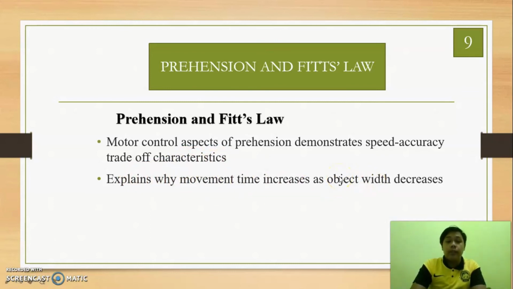In other words, prehension demonstrates the speed accuracy trade-off characteristics predicted by Fitts' law. Example, object width and target width. An index of the difficulty of grasping containers of different sizes and quantities of liquid. Example, the ratio of mug size and liquid level.